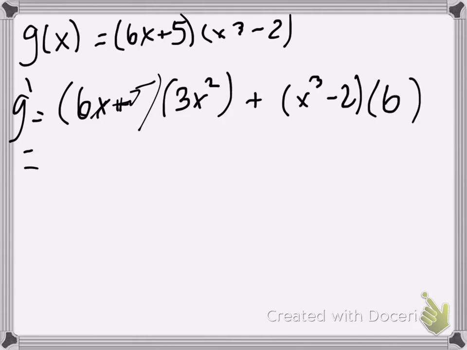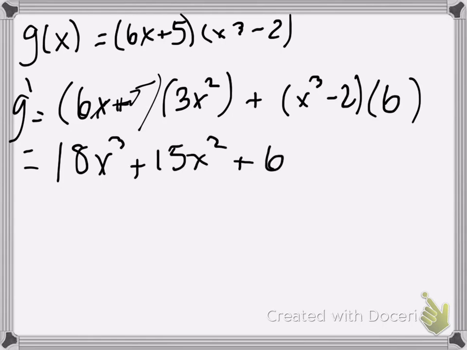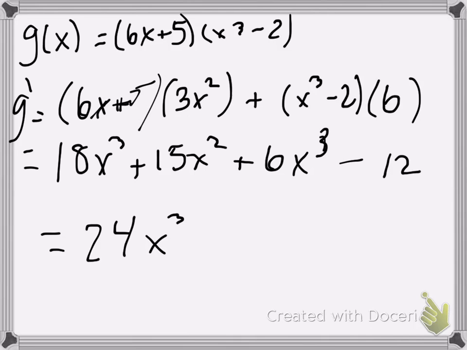All right, we'll distribute. I get 18x cubed plus 15x squared plus 6x cubed minus 12, and then we can combine our like terms. We get 24x cubed plus 15x squared minus 12.